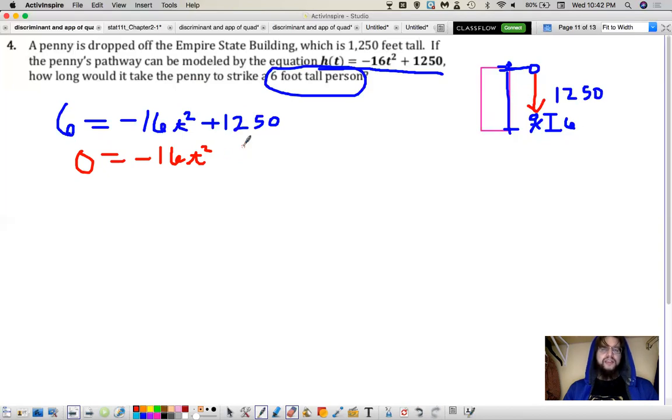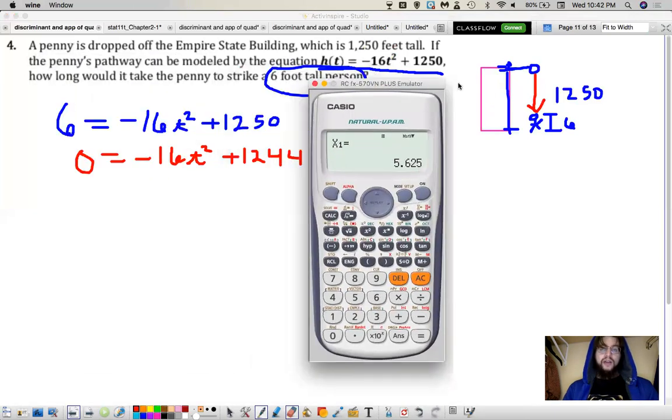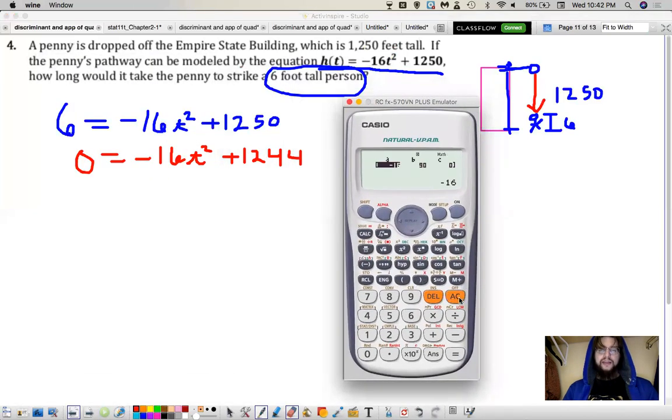There's nothing times t because there's no initial velocity. Again, it's feet, so that's why we got the 16 instead of 4.9. You need to know all that? Nah, you just need to be able to solve the dang thing. That's 0, that's 1244. So we get that.